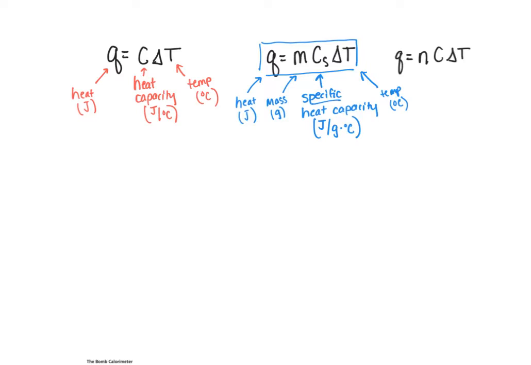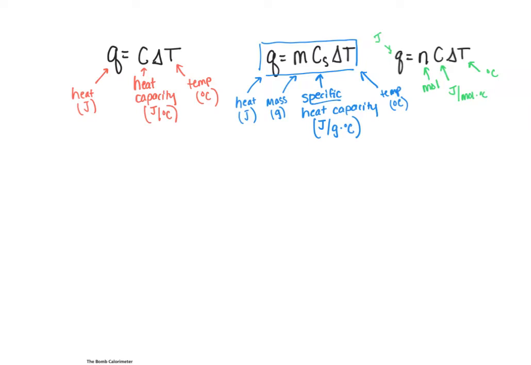So the other version of this equation that we might come across is with this n. The difference is that this n is moles, which means that our heat capacity value here is going to be joules divided by moles times degrees C if our delta T is in degrees C and our Q value is in joules.